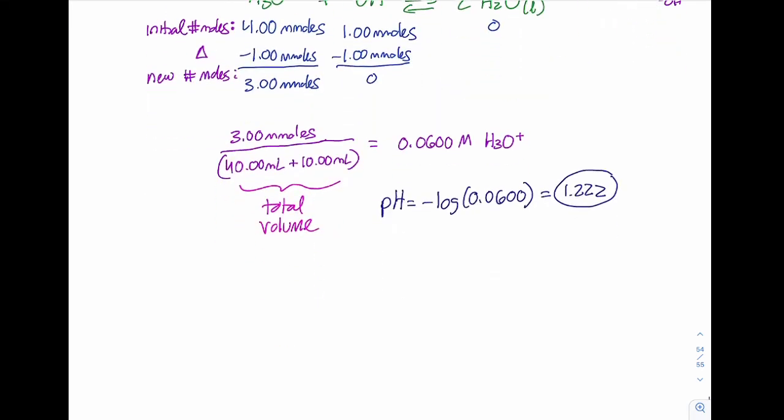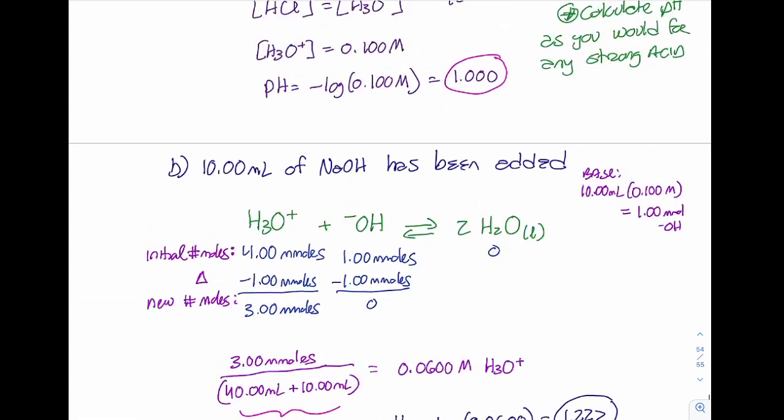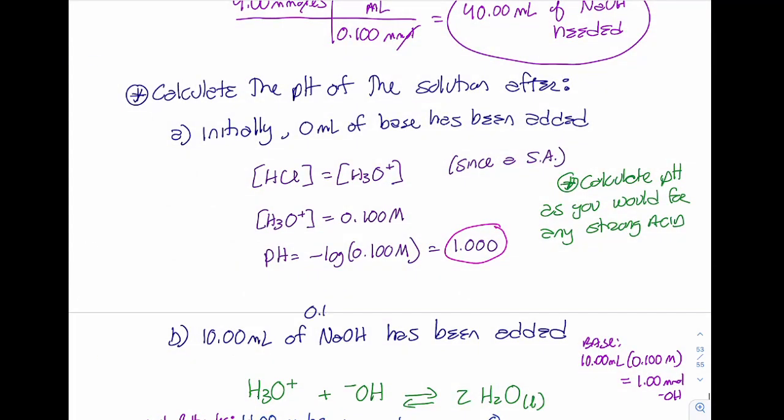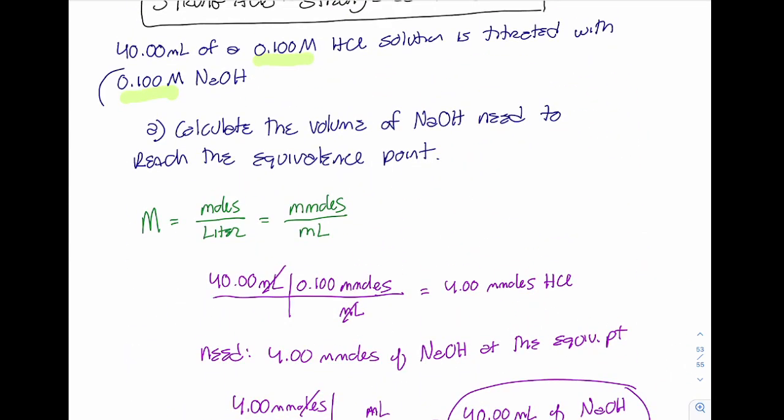Our next one, we're going to calculate the pH after 40 milliliters of base has been added. I'm just writing down the concentration here. It is given in the problem up here.